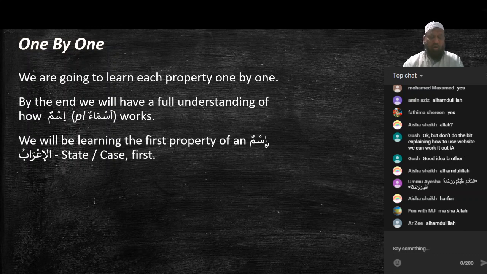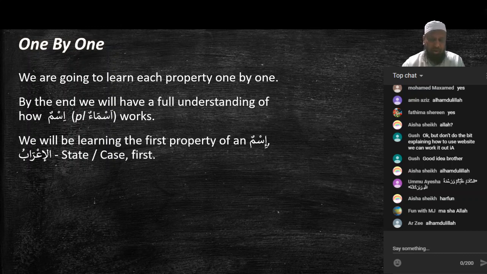And number four property of ism is at-ta'yin, definiteness. Ism either will be ma'rifa or it will be nakira. Ma'rifa is referring to someone or something specific, and nakira referring to someone or something unspecific. So these are the four properties of ism.